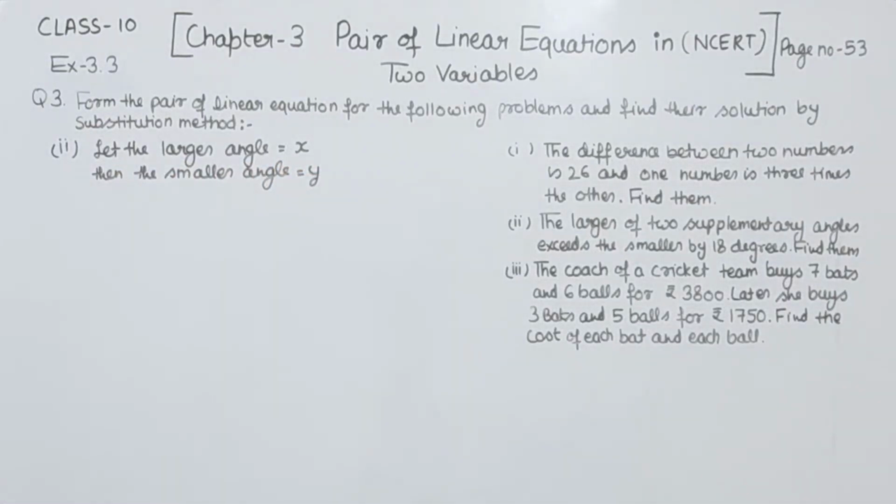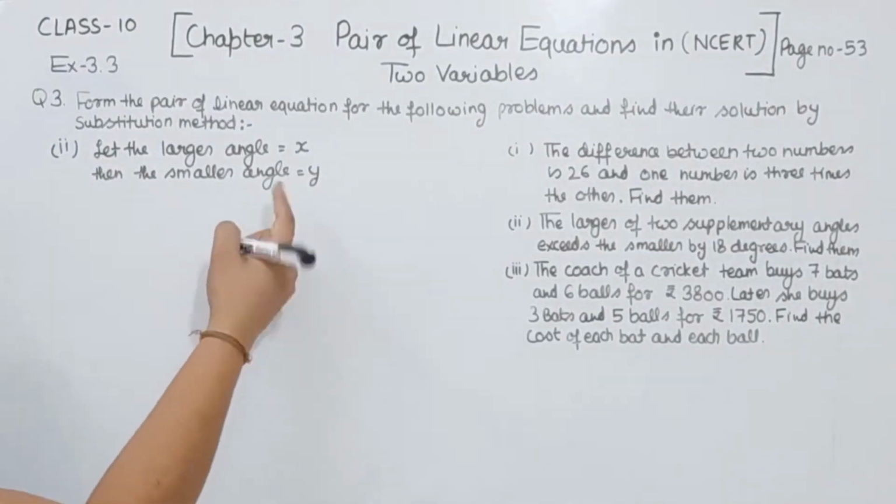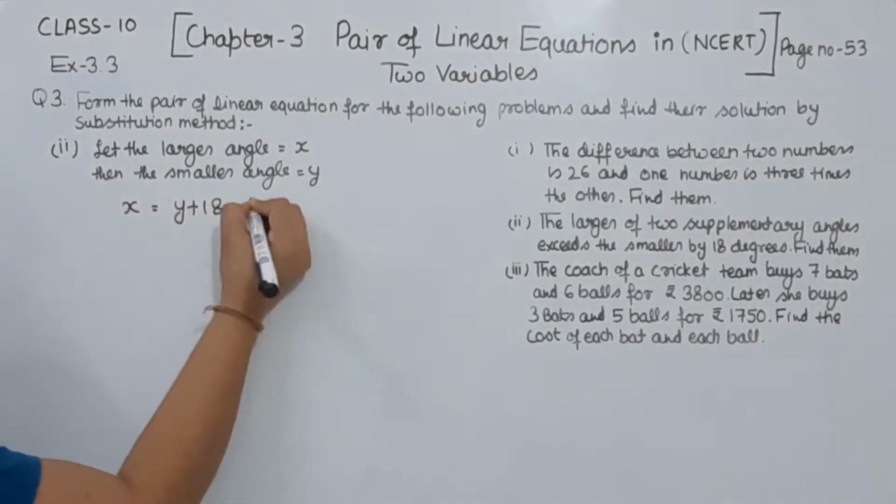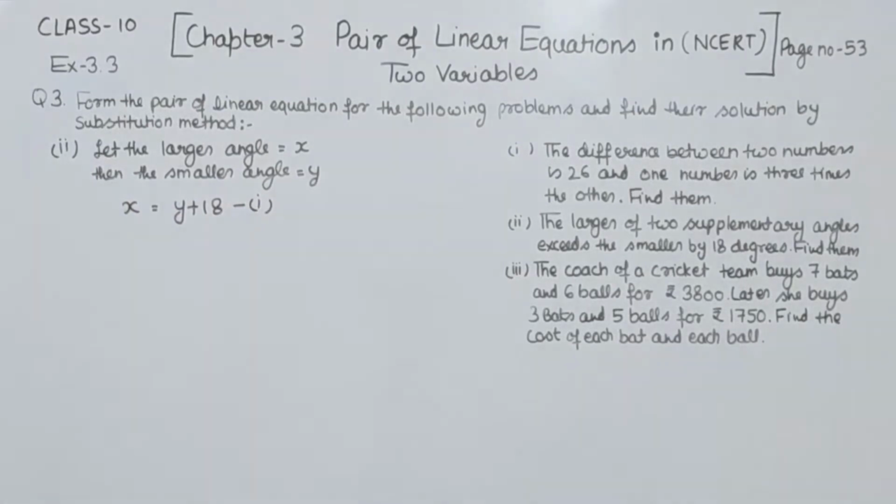As per the question, the larger of the supplementary angles exceeds the smaller by 18. So the smaller we are having is y. So y plus 18, this one we are having is equal to x. This one we are having is equation number 1.